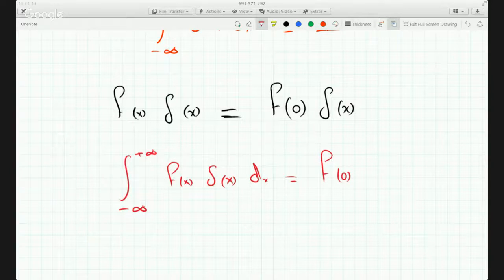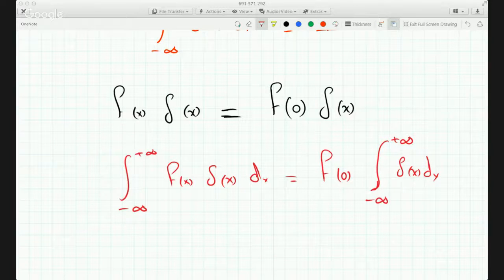In that case, this would be f of 0, and it would be a constant, so I can pull it outside the integral, times the integral from minus infinity to plus infinity of the Dirac delta function dx, which we just said is 1. And so we end up with f of 0. So the answer for this integral would actually be f of 0.